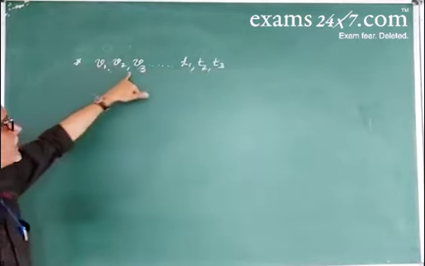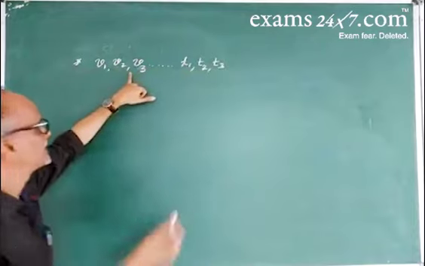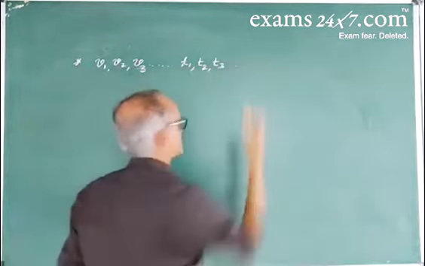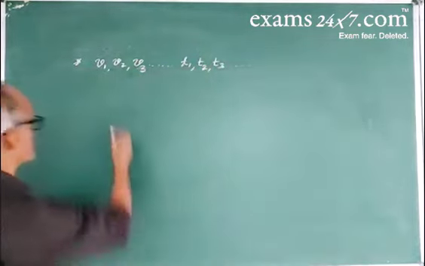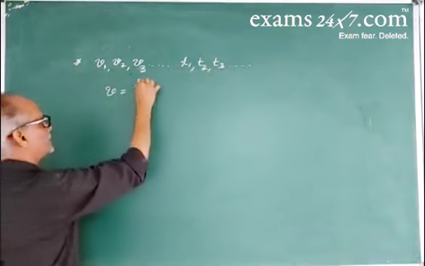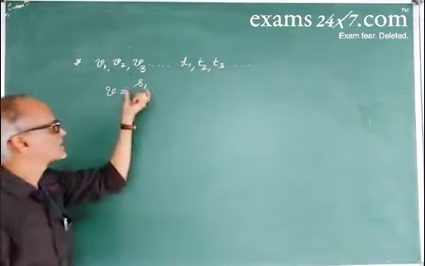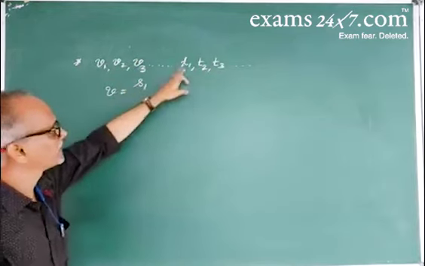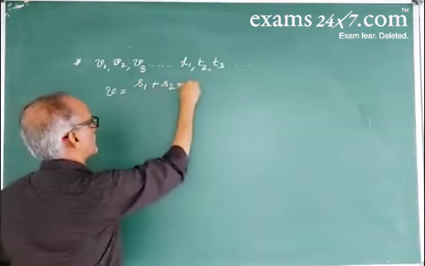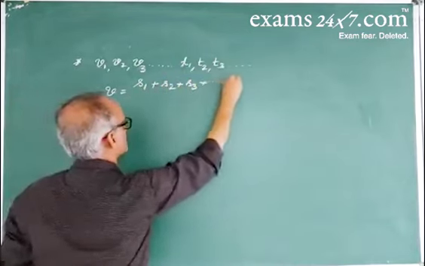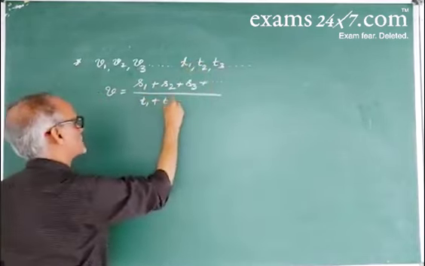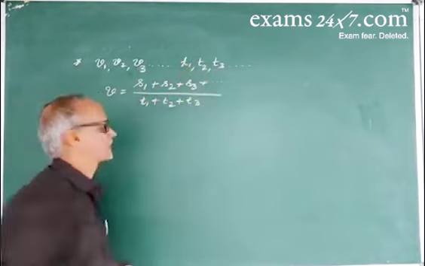So v1, v2, v3 are the velocity of the particle at the instant of time t1, t2, t3, and so on. So what is the average velocity? So average velocity is given by the total distance covered. So let S1 be the distance covered or the displacement in a time t1. Then the net displacement is S1 plus S2 plus S3 and so on by the time taken, which is t1 plus t2 plus t3 and so on.